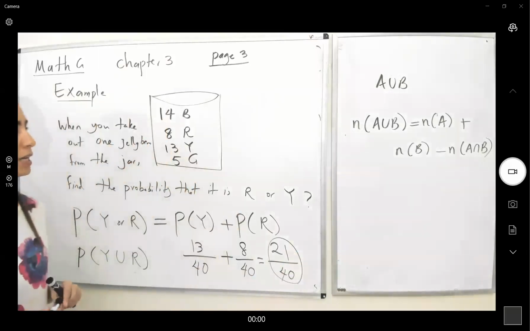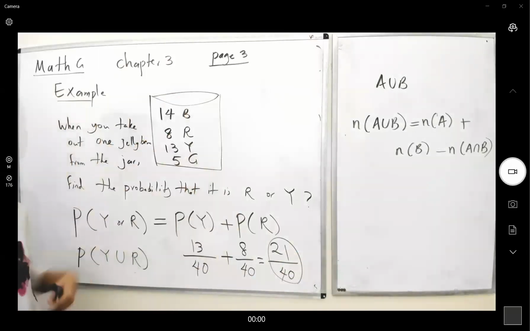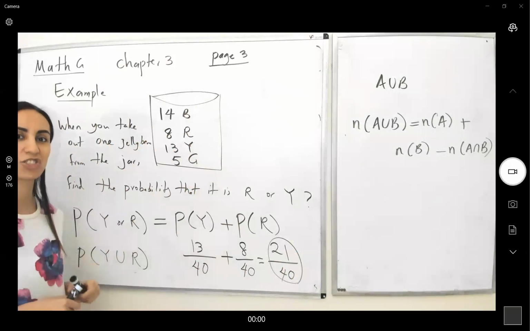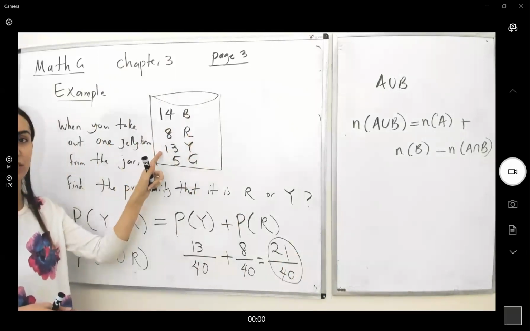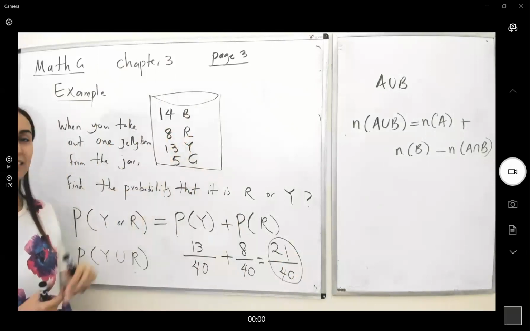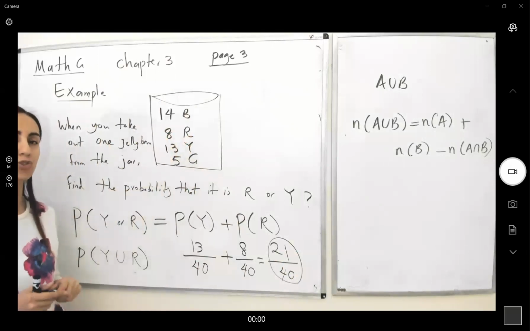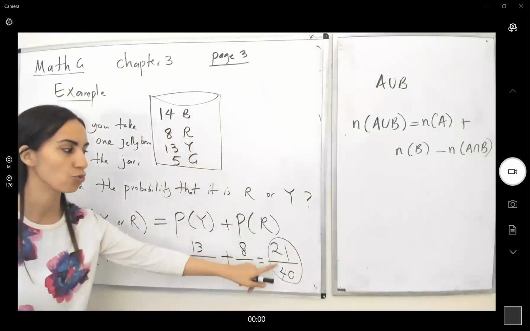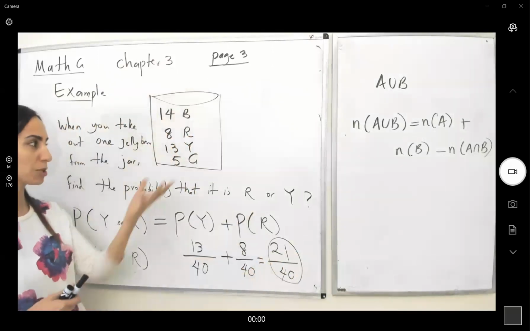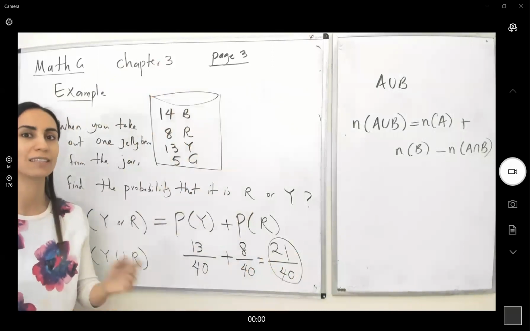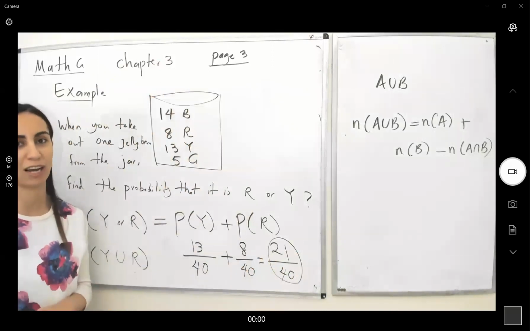You could say that, hey, since there is no intersection between these jelly beans, yellow 13, red 8, the sum is actually 21. So it is 21 out of the sample space. The cardinality of your sample space is equal to 40, and this is the outcome that you have.